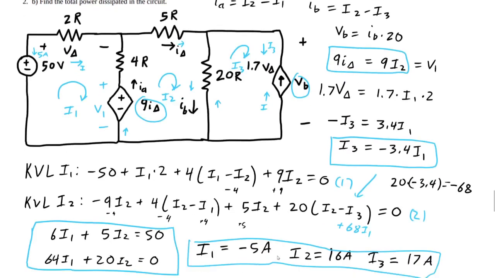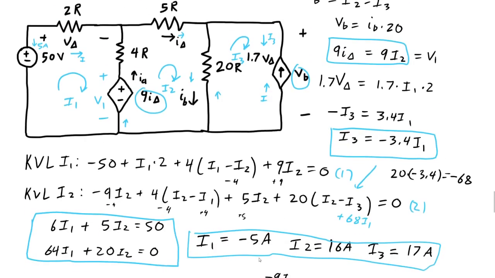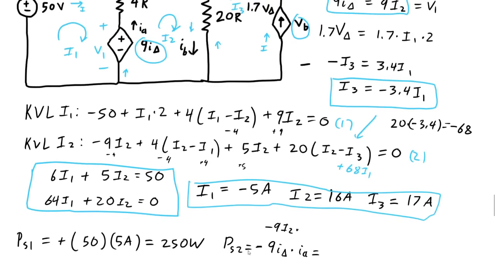IA is I2 minus I1, and I delta is I2, so minus 9 I2 times I2 minus I1.